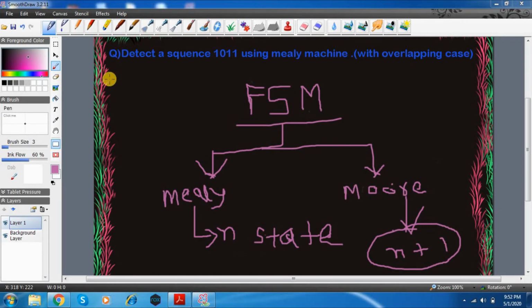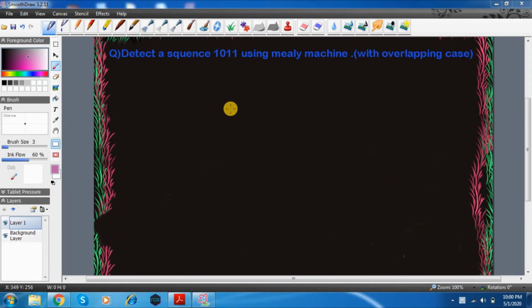Okay, let's start. I want to detect this 4-bit sequence. We start with the first state, S0.